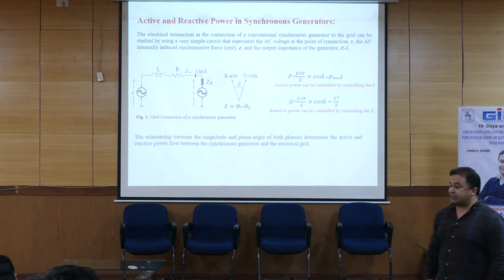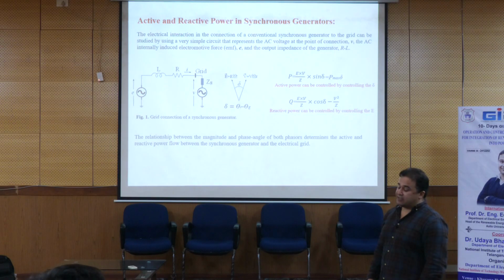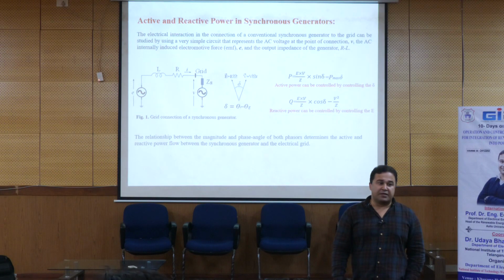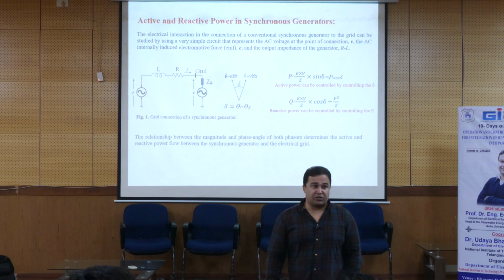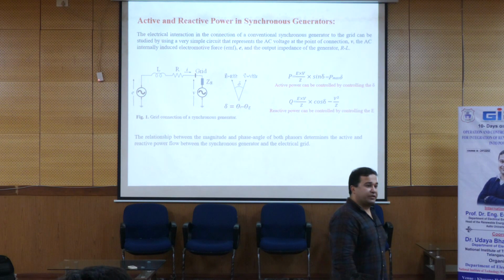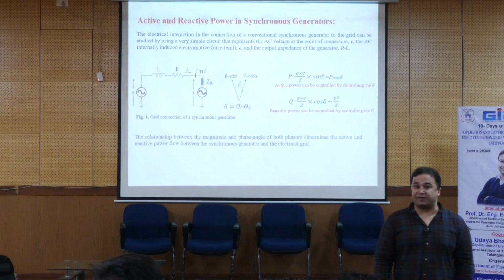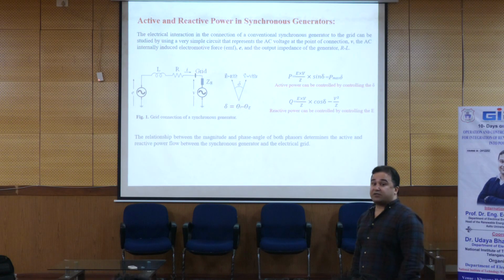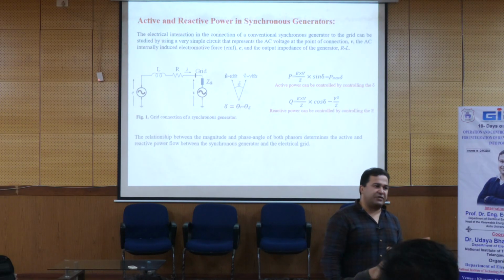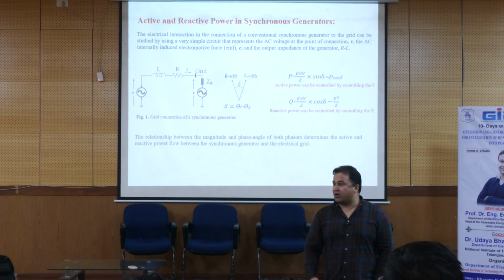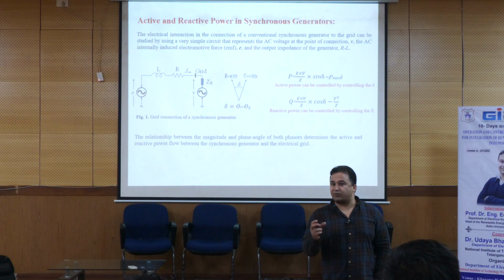By this, the output impedance of the system is less, and the system is stronger. When we talk about the power grid, sometimes we say we have a strong grid, sometimes we say we have a weak grid. So what is the meaning of a weak grid? What factor makes this grid weak?